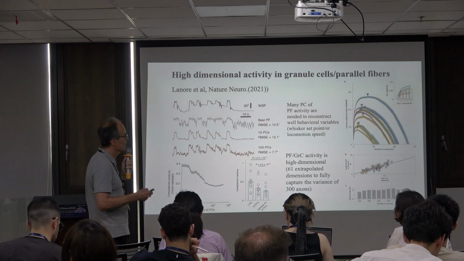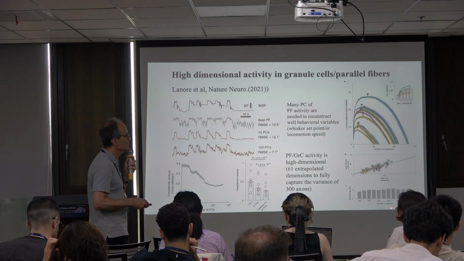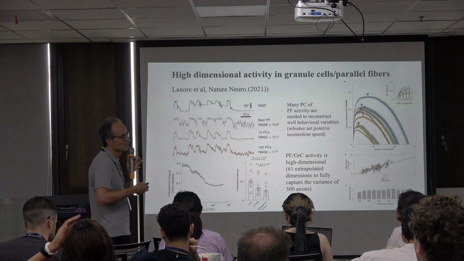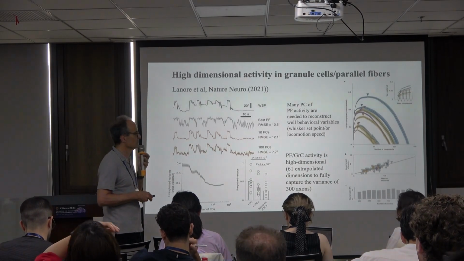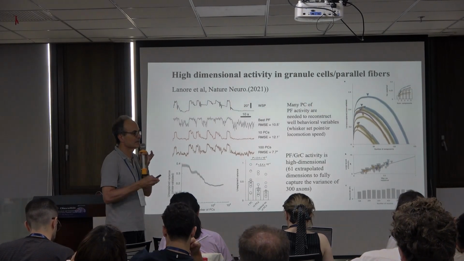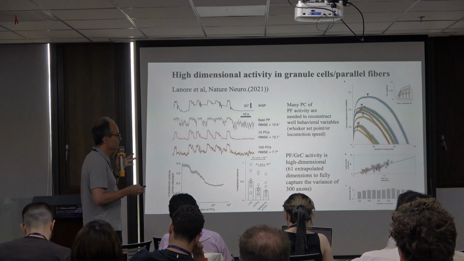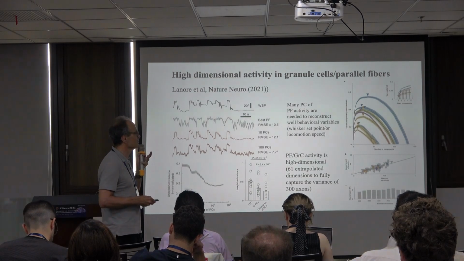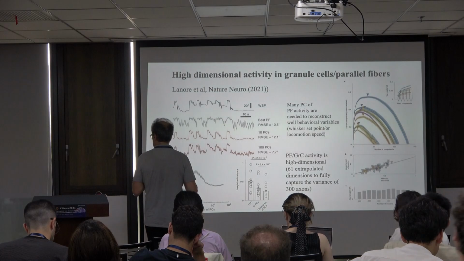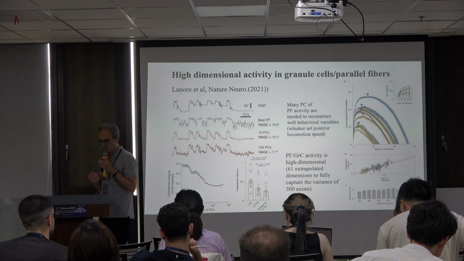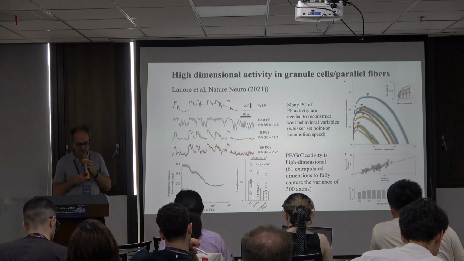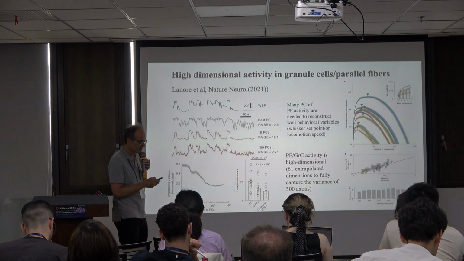So it means that for about every 5 neurons, you have 1 dimension. So we conclude that this is actually very high dimension. Basically, for each 5 brain cells, you have 1 more dimension. So this data can say that yes, the granule cell layer goes into high dimension.